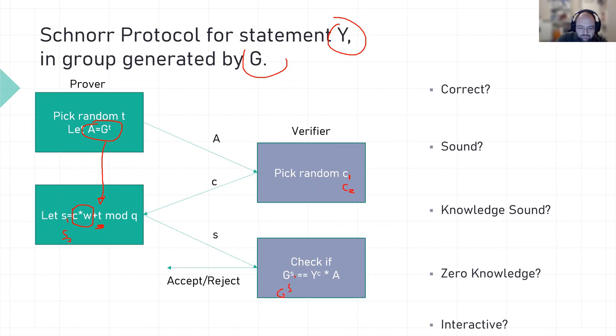Well, C1, C2, let's say. Well, what would happen then?